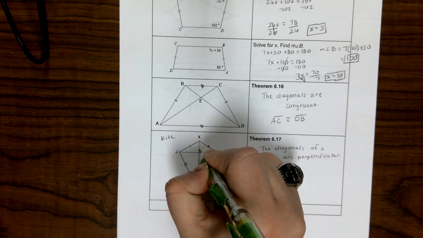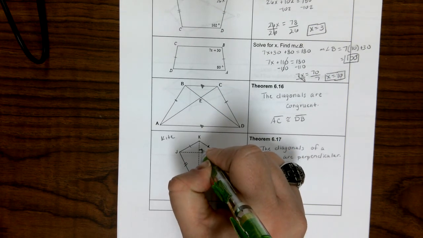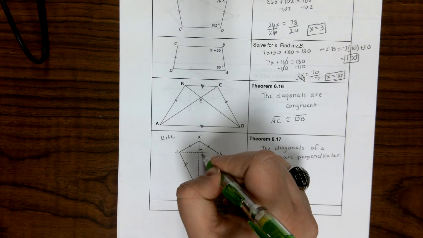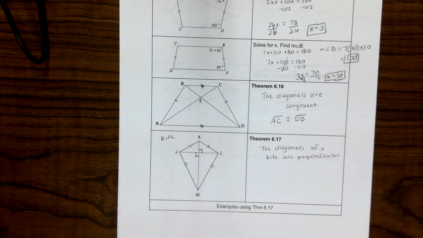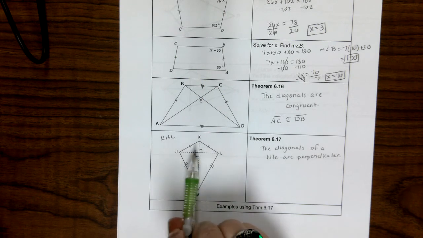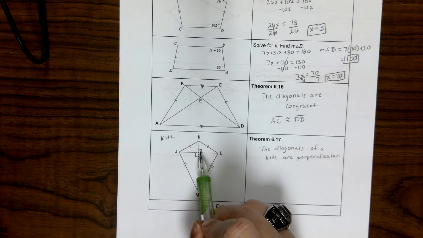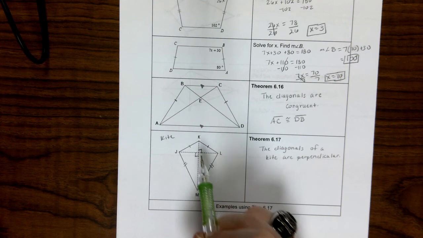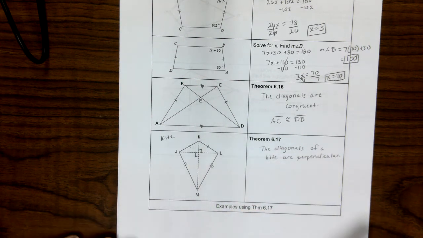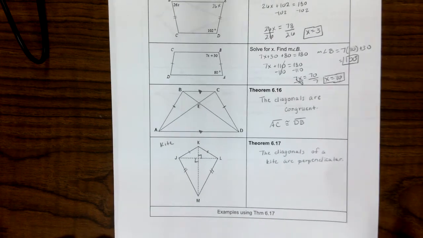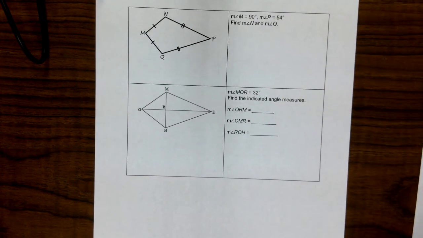So right here, all around here is 90. I'm just putting two of them. Okay? That is important to know because you're going to be asked to find some angles inside of this kite, and they're almost always going to give you one right here, and you have to know that when the diagonals intersect, it's 90. So let's see how we're going to do that.